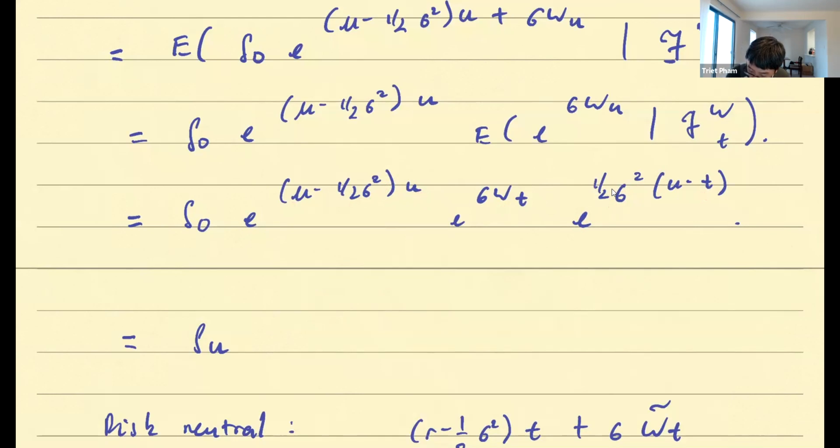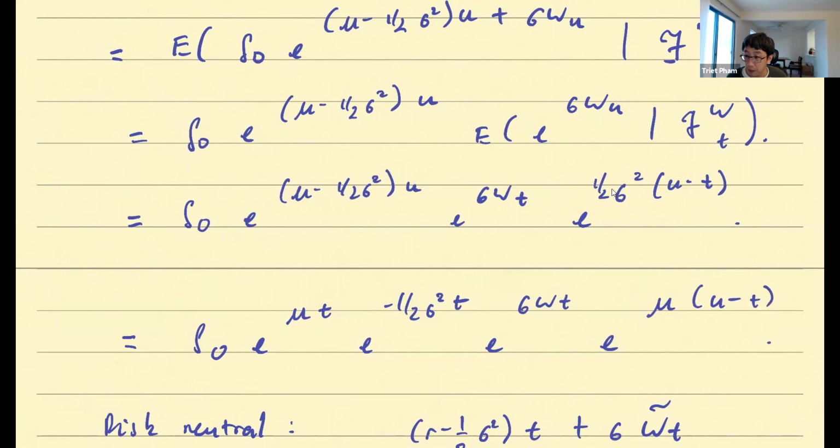So what you need to do is this: S0, e to the mu t, and then you have mu u. So you get e to the minus 1/2 sigma square t, and you get e to the sigma WT, and you get e to the mu (u minus t).